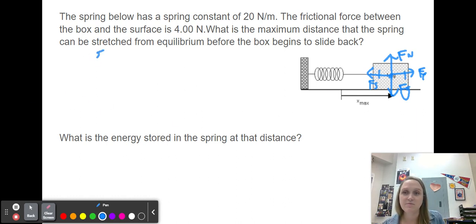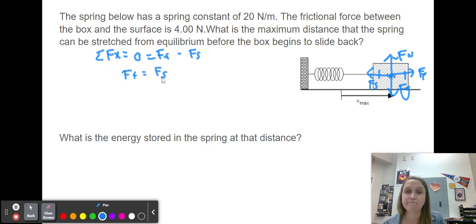Because I want to say the sum of my forces in the x direction is going to be equal to 0 because we want them balanced. So the friction force and the spring force should be equal to one another. If friction force is equal to spring force, and we want to find the max displacement, the friction force is 4, that's the max friction force.